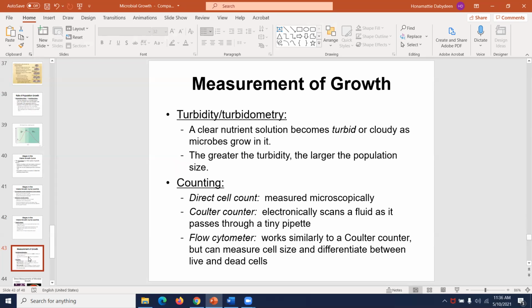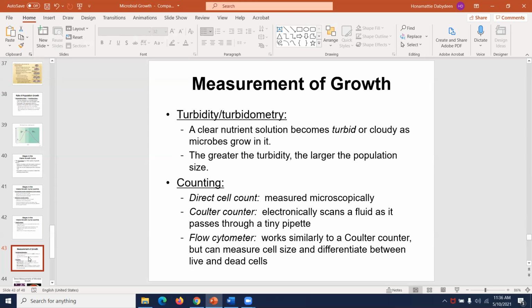So turbidity or cloudiness is an indication of growth. So very crudely, we can say the more turbid the medium, the more organisms are there. Because remember, the organisms aren't getting bigger, they're getting larger in number. So more turbidity, more organisms. Okay?